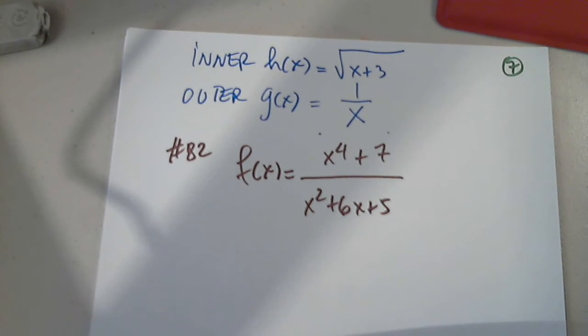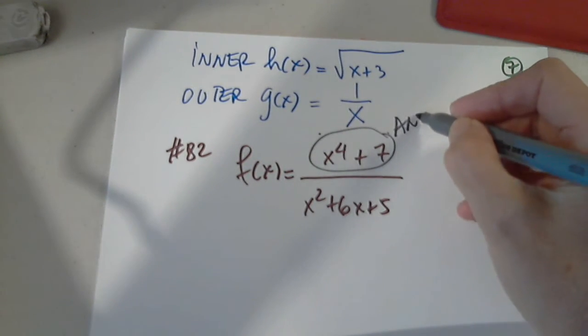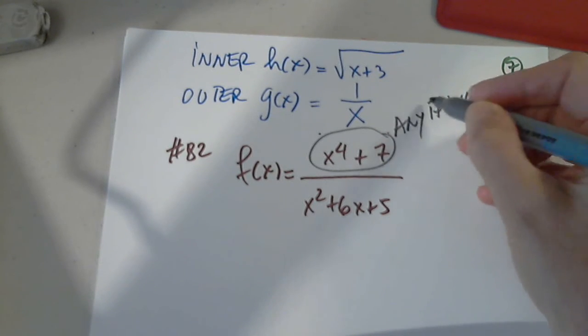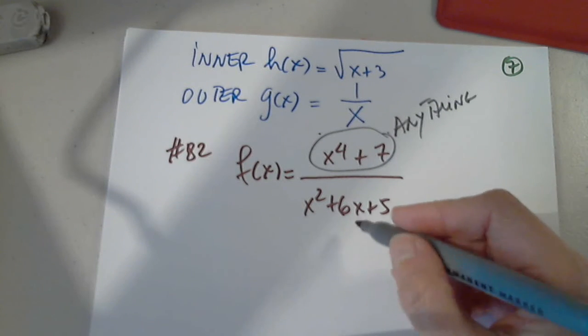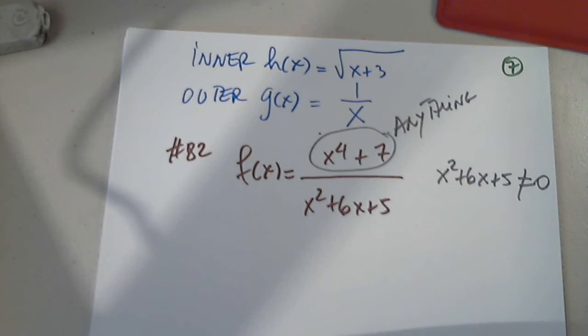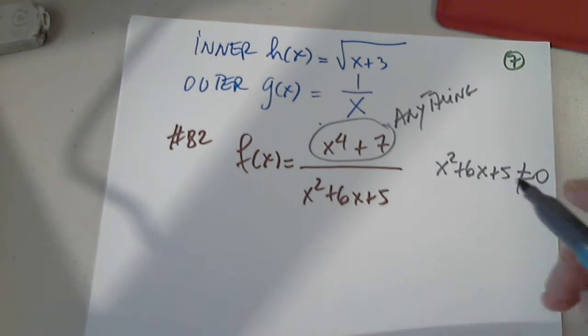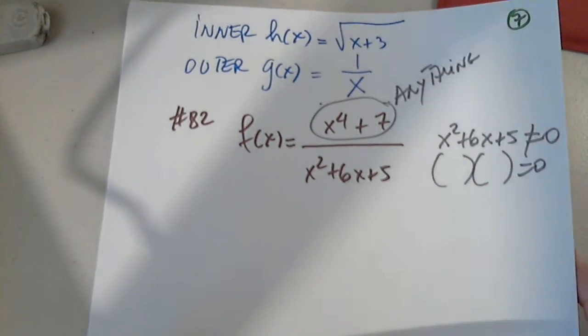Okay, so I can state the domain of this function. The numerator can be anything, 0, infinity, whatever. I don't care. But the denominator, x squared plus 6x plus 5, cannot be 0. So obviously I need to factor, or if it doesn't factor, I will have to use the quadratic formula.